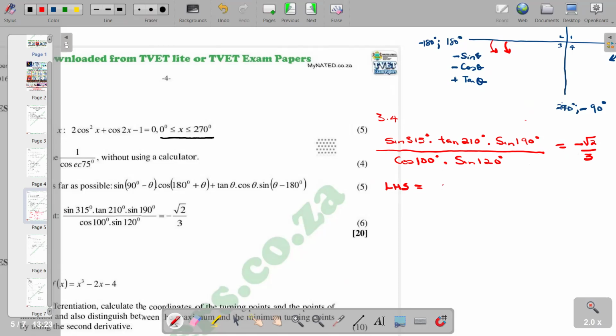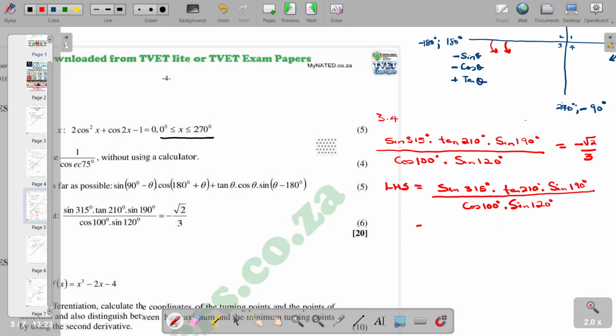We write that it's sine 315 degrees multiplied by tan 210 degrees multiplied by sine 190 degrees all over cos 100 degrees sine 120 degrees.